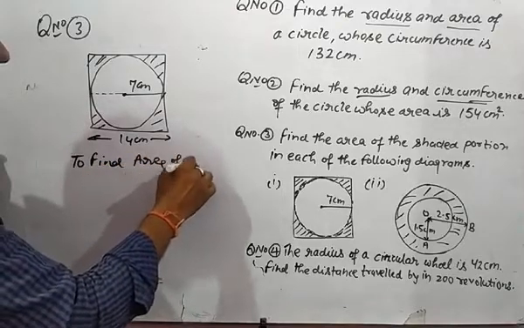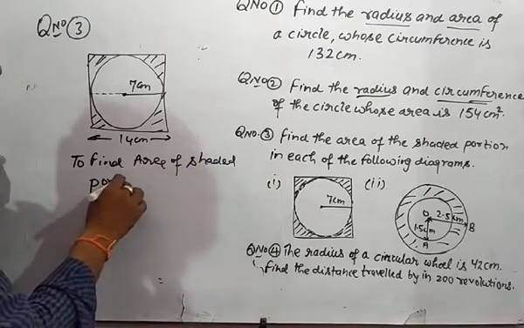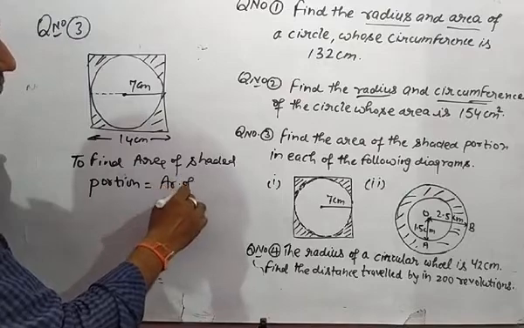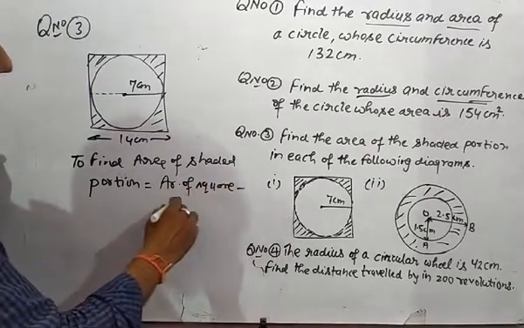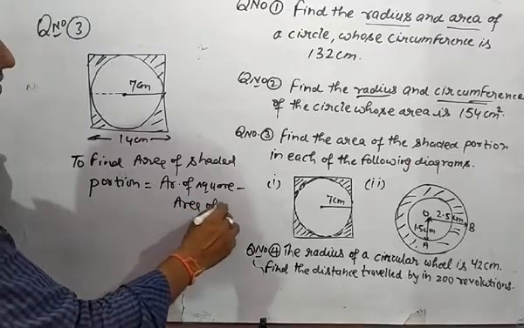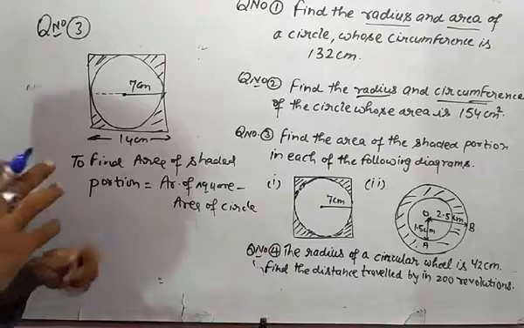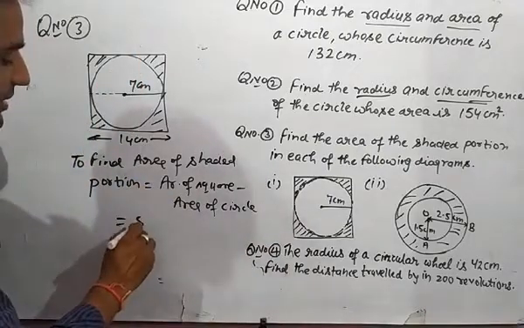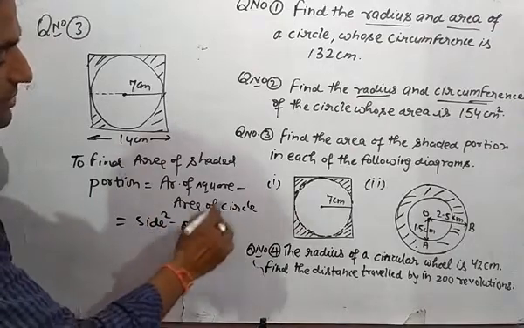To find the area of the shaded portion, we will have to find the area of square minus area of circle. As we can see, area of square minus area of circle will be the area of the shaded portion. Area of square is side square, area of circle is pi r square.